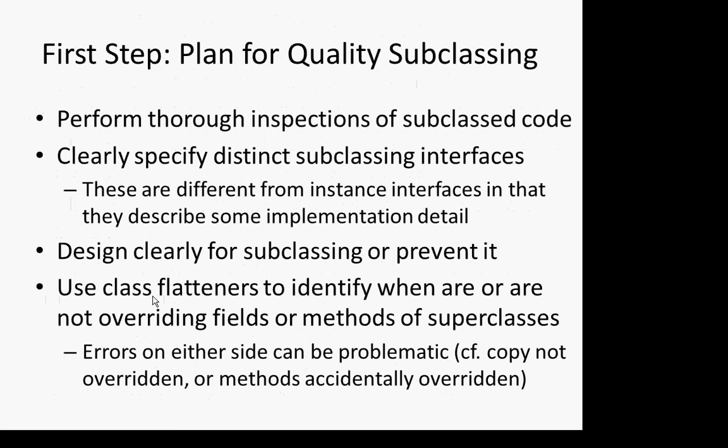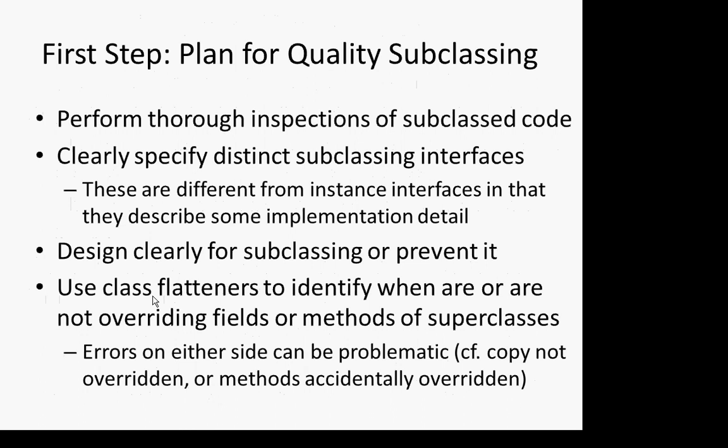Design clearly for subclassing or prevent it by making a class final, for example. And there are tools called class flatteners that will take a subclass and show you all the things that are involved in that class, wherever they came from up the type hierarchy, up the inheritance hierarchy. It will show you where these mechanisms came from.